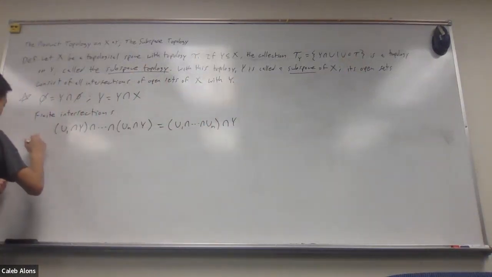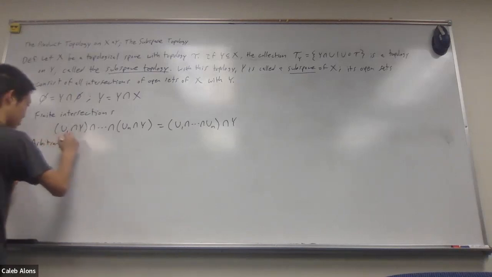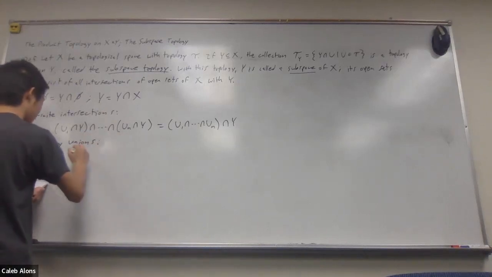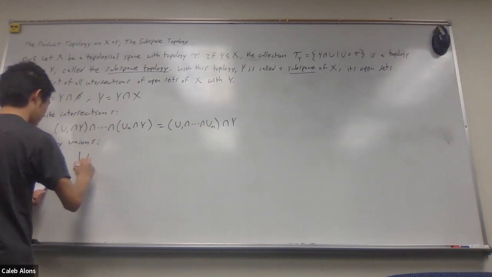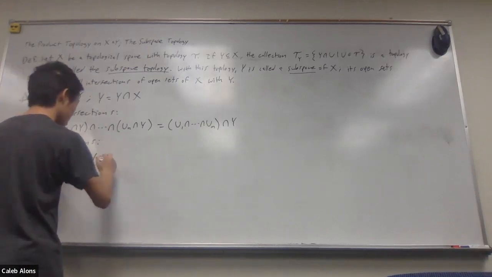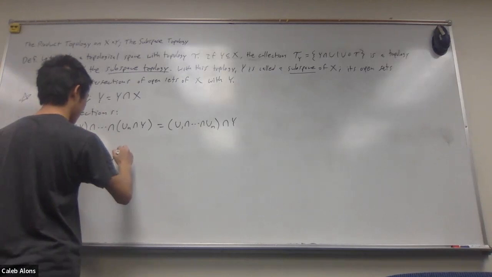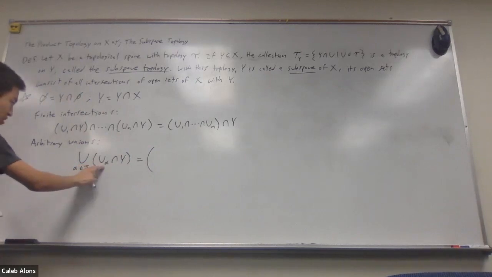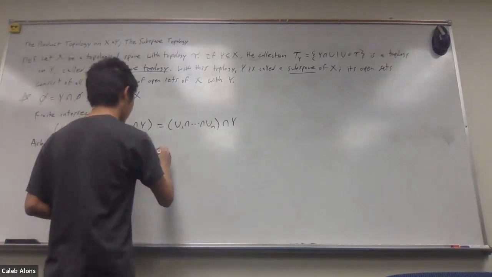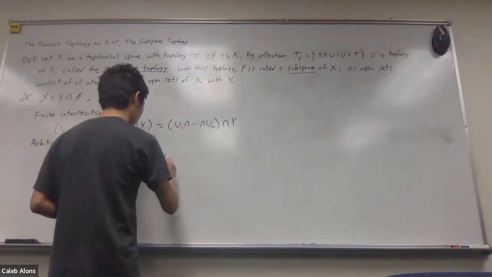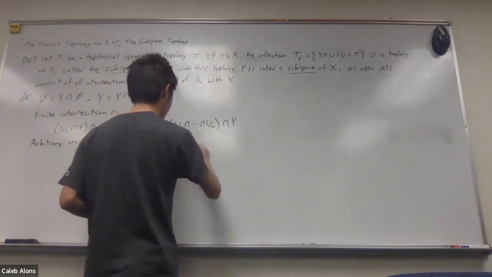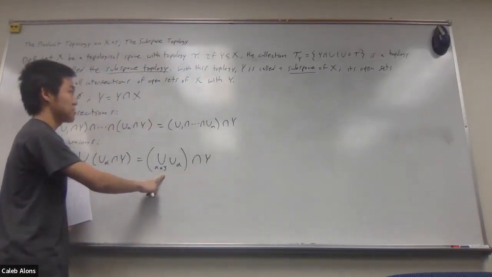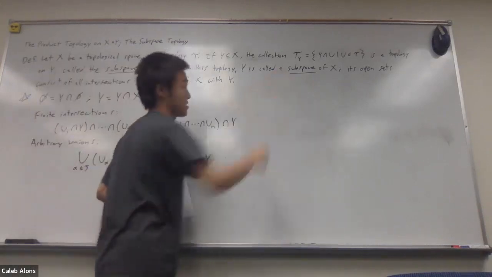And arbitrary unions, we can get, if we take an indexing set, alpha in J, for each U alpha intersecting Y, that's the same thing as if I took the union of all of the U alphas and then intersected it with Y. I can take the union over alpha in J of U alpha, and then intersect this with Y. But then again, because X is a topological space with T, this is open and it still satisfies the definition.